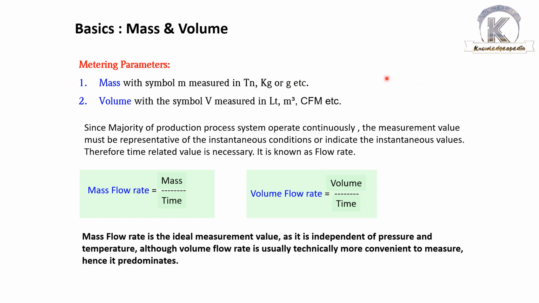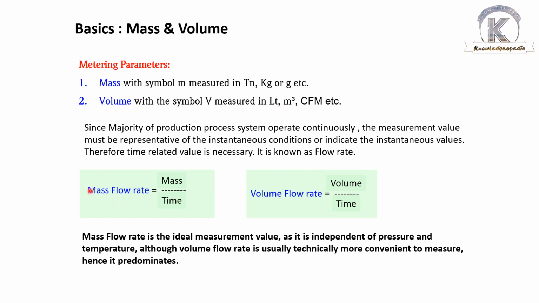It's a physical value which is not changeable. And volume is basically a geometric value. Volume is the evaluation of how much three-dimensional space is occupied by an object, like 1 liter. Its symbols are liter, meter cube, cubic feet, etc.